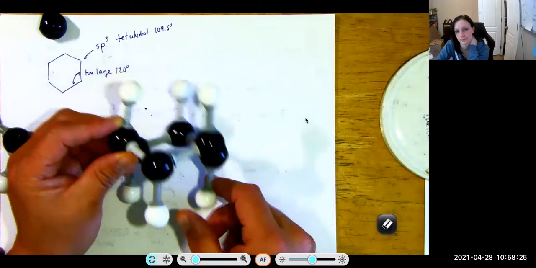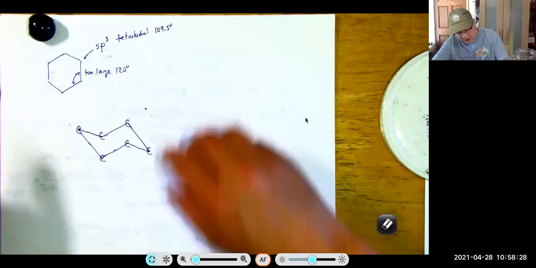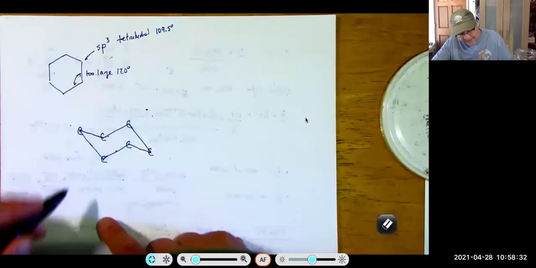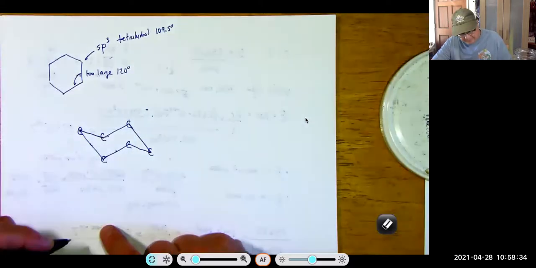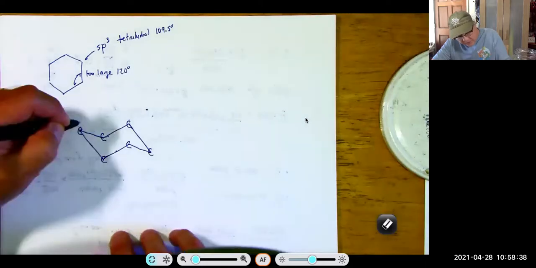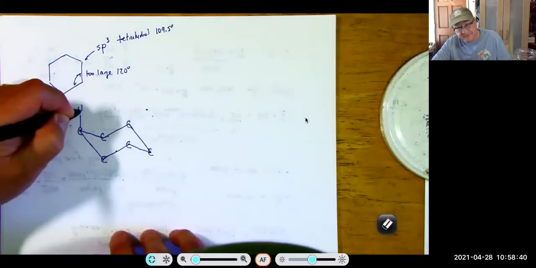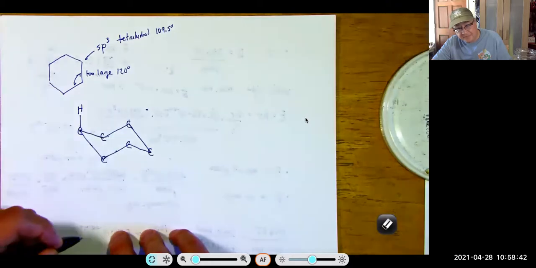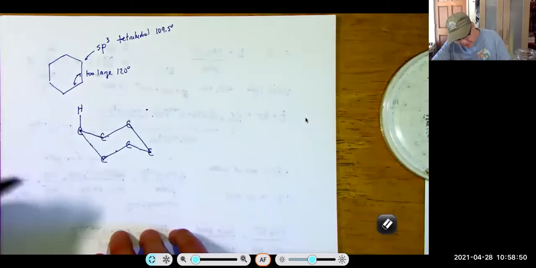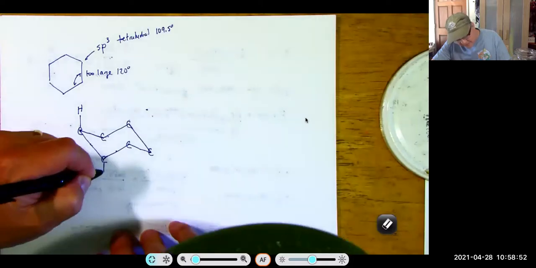So the axial positions are the easiest to draw. You start here at the head of the chair, and you draw a line that's straight up, and there's one of your hydrogens. And then you go to the left or to the right, it doesn't matter which. So I'm going to go down here, and you draw a line straight down.